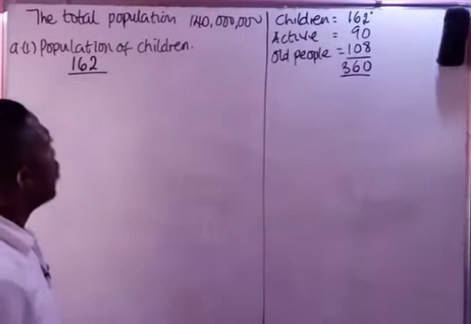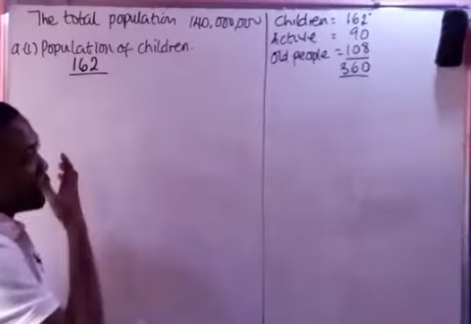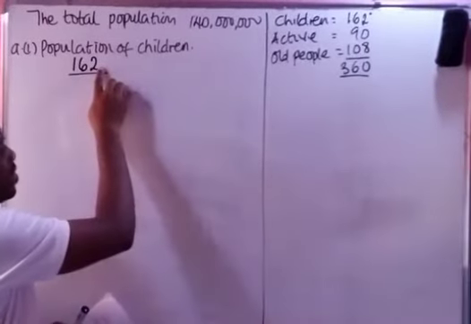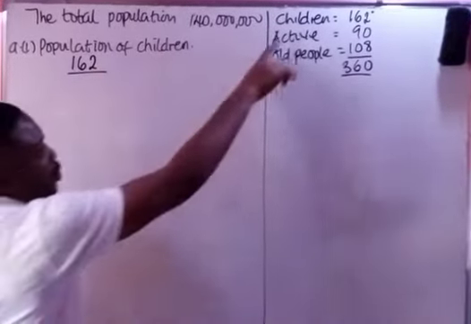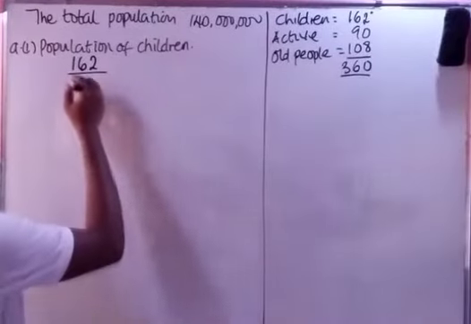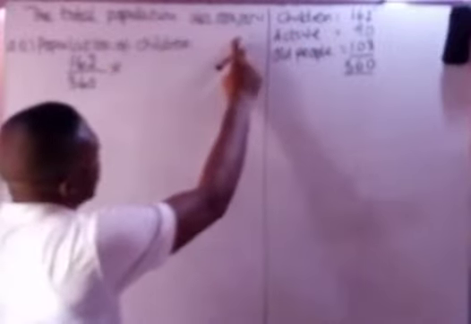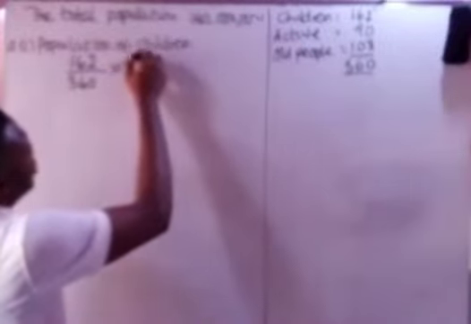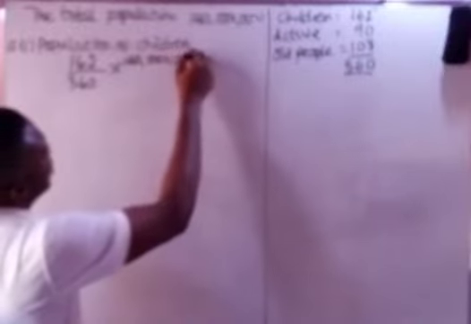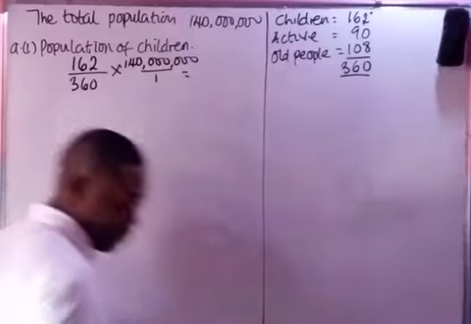Now I want to calculate the population of children. It will be the degree that was given for children divided by the total, which is 360, multiplied by the total population, that's 140 million.